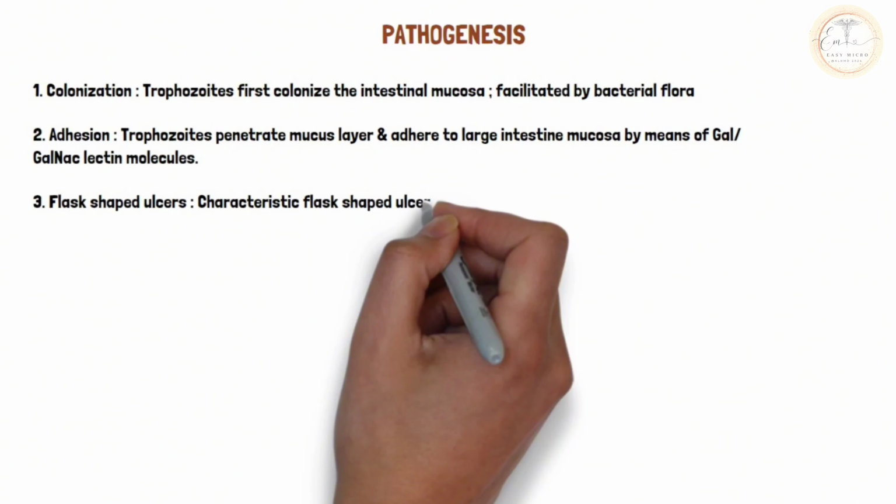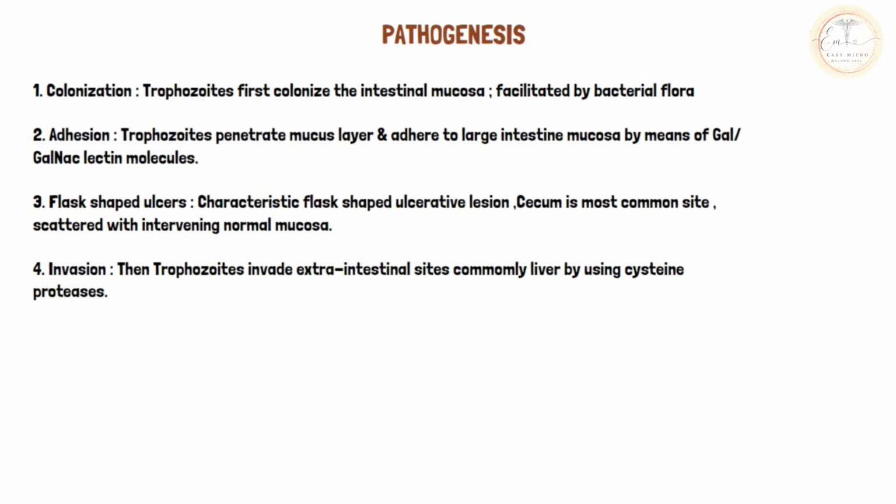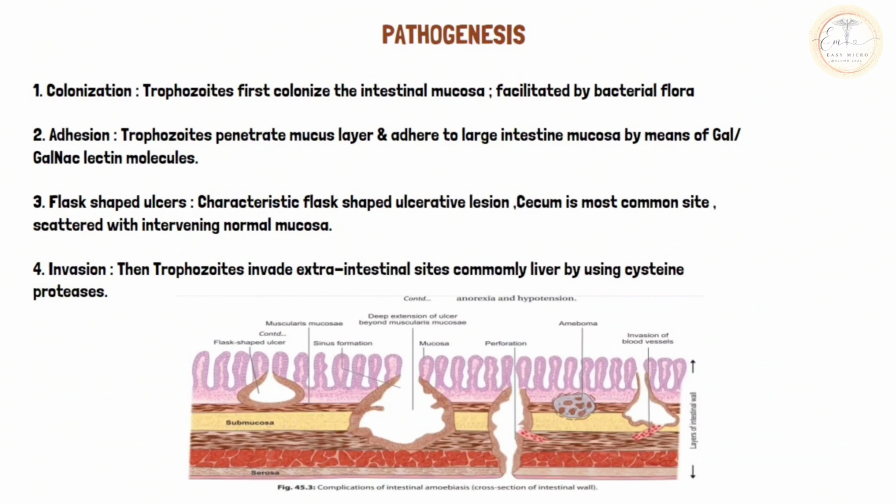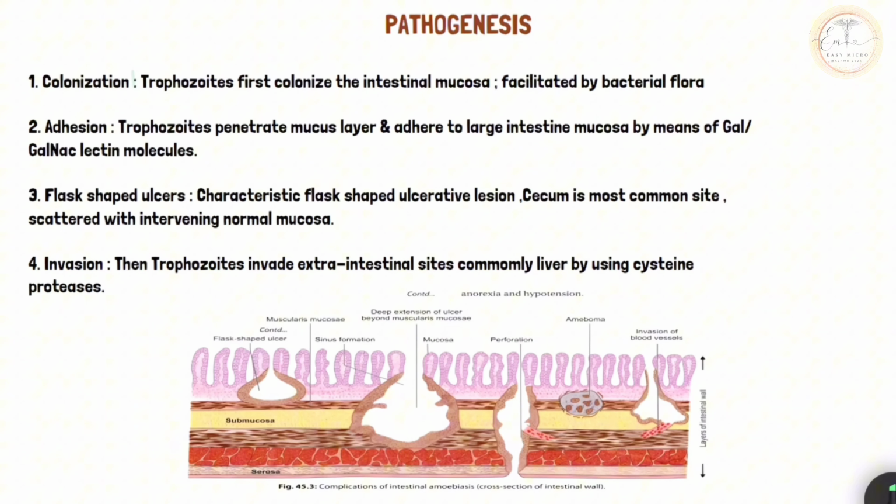Now, let us see how these virulence factors cause the pathogenesis. First of all, these trophozoites colonize the intestinal mucosa. I mean, they will increase their number, which becomes easier with the help of bacterial flora. After their increase in number, they adhere to the intestinal mucosa by means of Gal lectin molecules and penetrate the mucus layer.